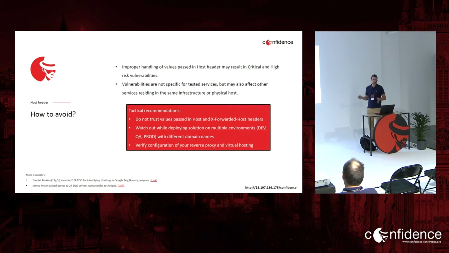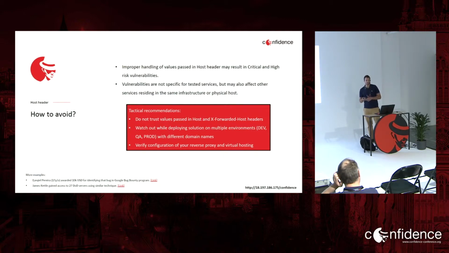So just to sum up this first chapter about these host header issues, you need to remember that all of the data which is passed in HTTP headers might be spoofed by the attacker. So you shouldn't trust any value which is passed in the host header or any other headers.